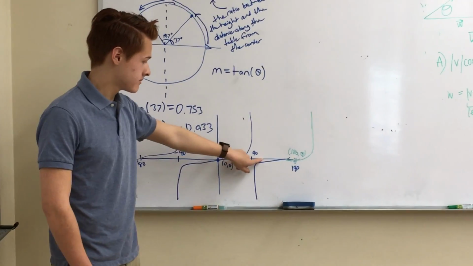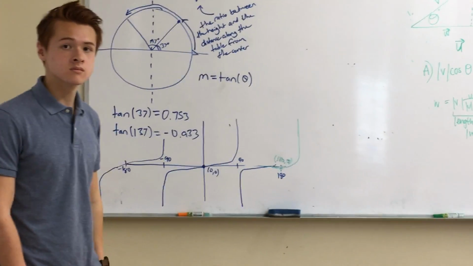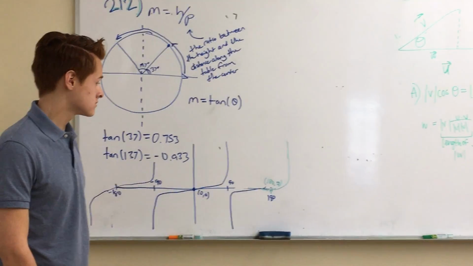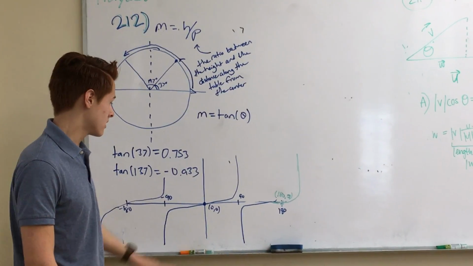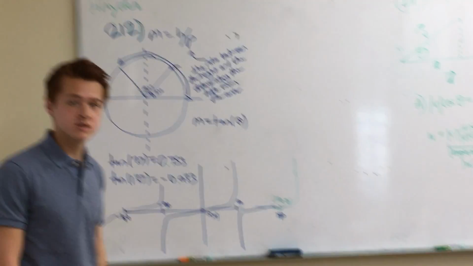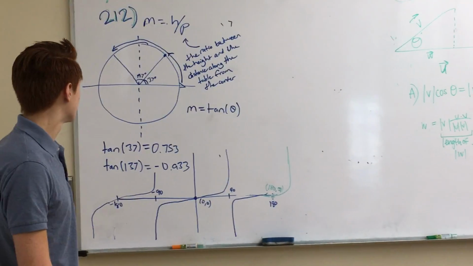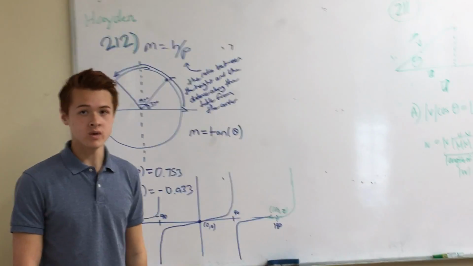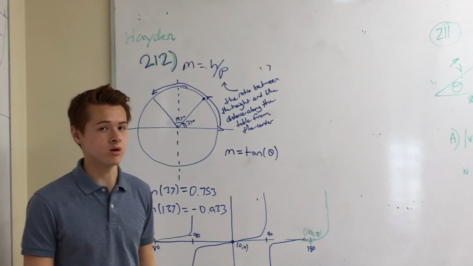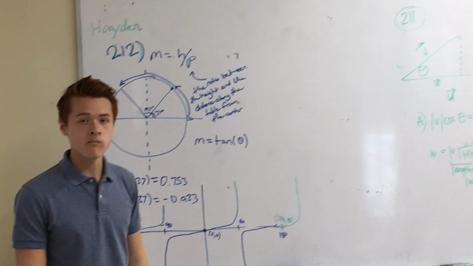At 90.1 degrees, that's like negative 4 million. Where are all the places that the slope is 0? Exactly. 0, 180 degrees, 360 degrees, 720 degrees. That's when the height is 0, so the slope's 0. Everybody good?